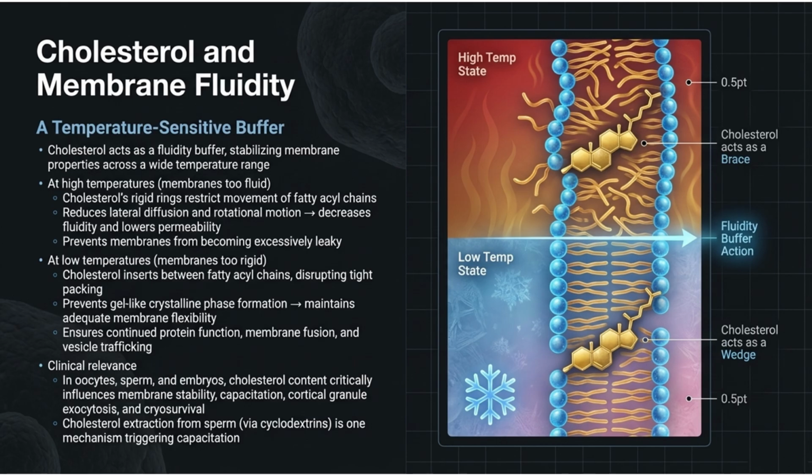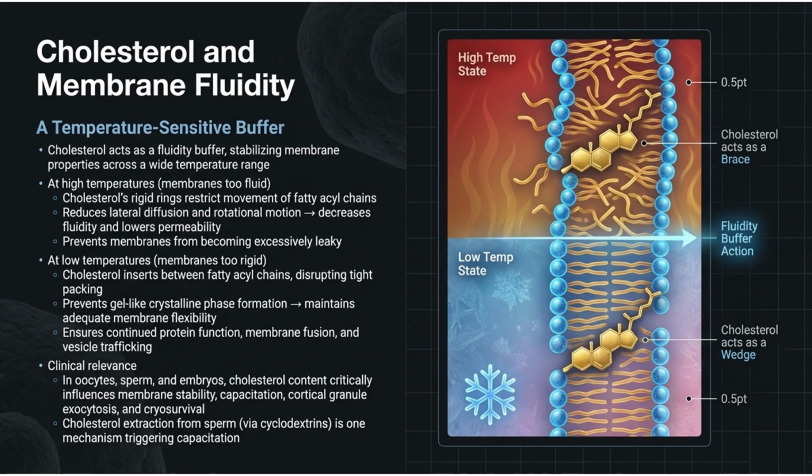When sperm are exposed to the conditions of the female reproductive tract or to appropriate culture media, cholesterol is extracted from the sperm plasma membrane. And this extraction is actually one of the molecular triggers that initiates the capacitation cascade. The compound cyclodextrin, used experimentally and in some clinical protocols, works precisely by chelating and removing cholesterol from the sperm membrane. Cholesterol's role in reproductive biology, then, extends far beyond structural housekeeping. It is an active participant in the events that lead to fertilization.